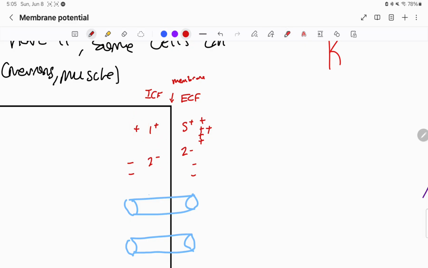Now, I can change this scenario and I could say that I have 5 positive charges, 1, 2, 3, 4, 5, and I could say that I have 3 negative charges here. In this scenario, a membrane potential still exists because there is a separation of charge, and the inside is negative as well, still, but not due to having less positive charges. Instead, it's due to having more negative charges.